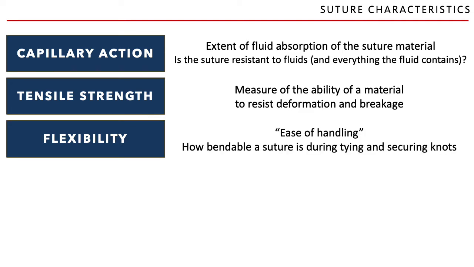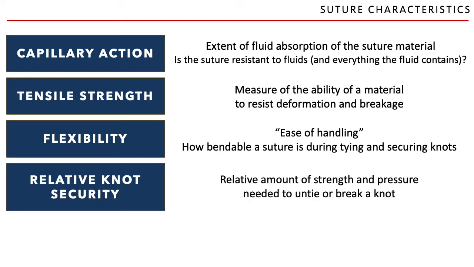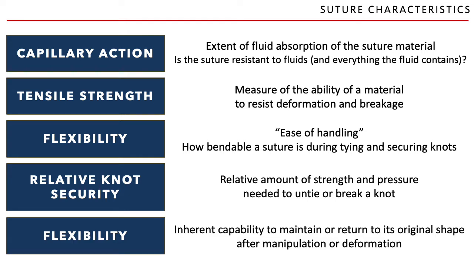Then, basically how easy it is for you to handle the suture material, how bendable it is when you're tying and securing the knots, how strong the knot is, which means how much strength it needs for it to be broken or untied. I repeated that. This is memory, sorry. It should be memory: the inherent capability to maintain or return to its original shape after manipulation or deformation.